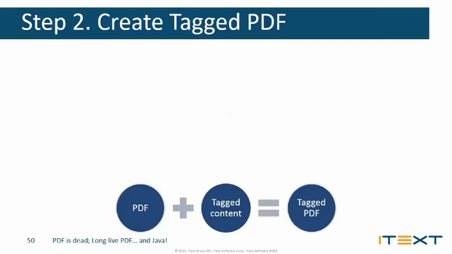So let's take this PDF and add tagging to it, because if you look at the previous PDF, there are some problems with it, as Bruno explained. If you want to consume this PDF in an automated way, like by a machine, all kinds of problems can arise.